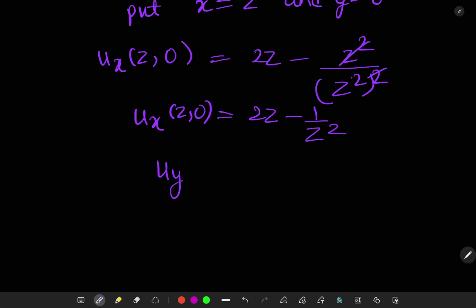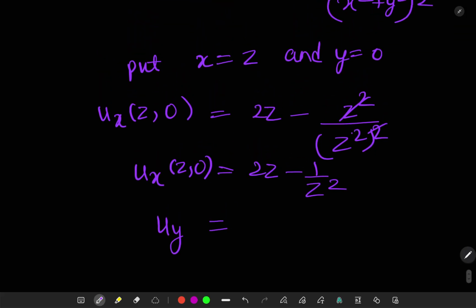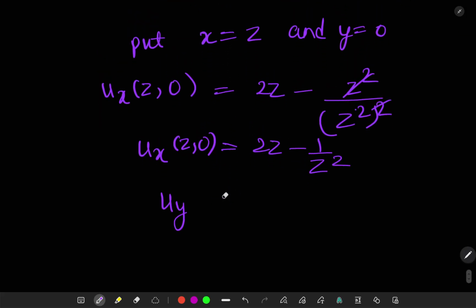Similarly we can find here u y, which is equal to minus 2y plus.